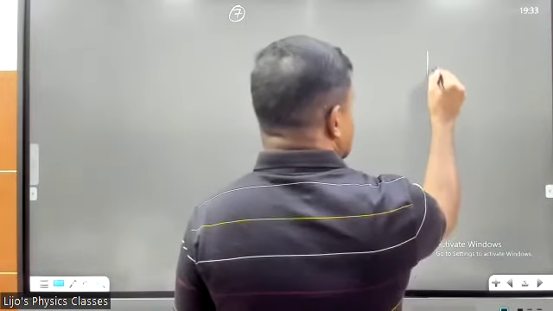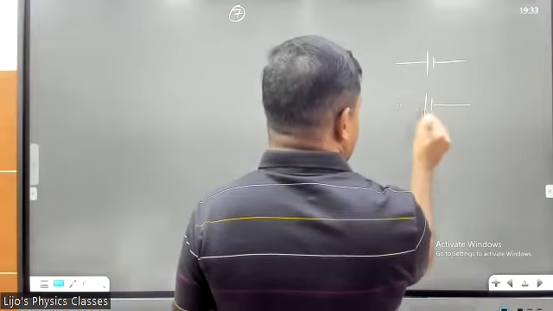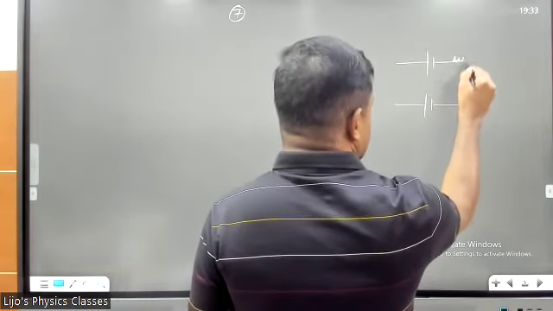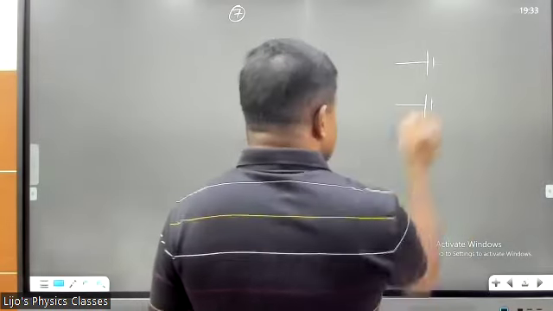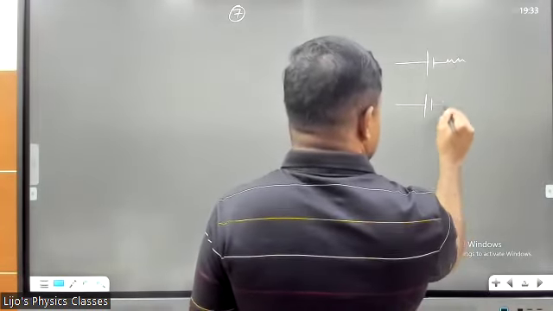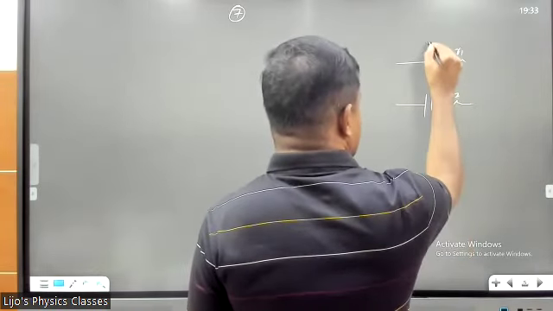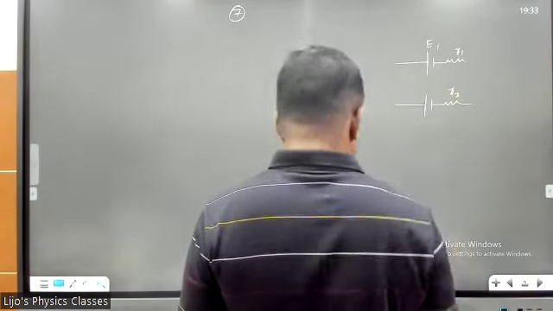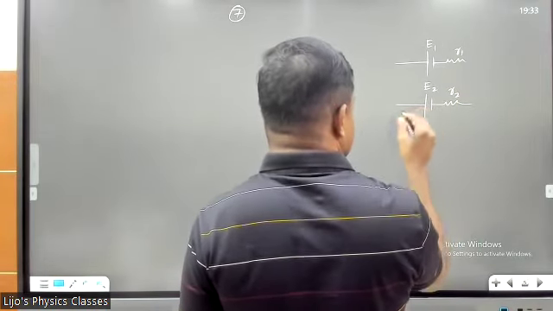Just draw the figure. This is cell number 1, cell number 2, and they are in parallel combination. Internal resistance R1, internal resistance R2. EMF is E1, EMF is E2.